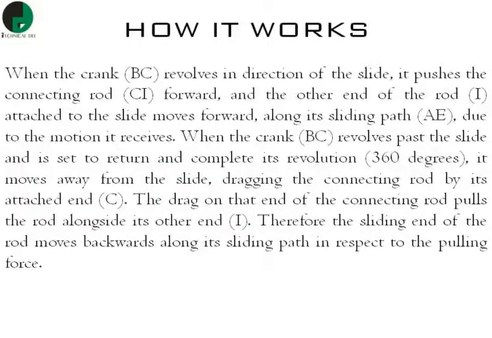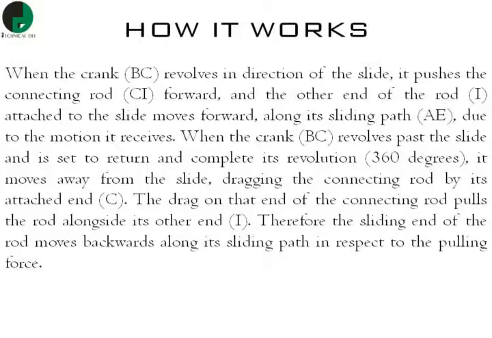And this is how it works. When the crank revolves in the direction of the slide, it pushes the connecting rod forward, and the other end of the rod attached to the slide moves forward along the sliding path due to the motion it receives. When the crank revolves past the slide and is set to return and complete its full revolution, that's 360 degrees, it moves away from the slide, dragging the connecting rod by its attached end.